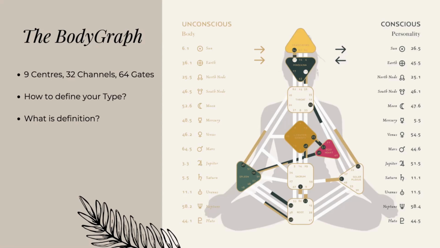Mercury in astrology is communication. So, for example, on the personality side, this is how you express yourself with this 5th gate. The 5th gate has a meaning, so this is the potential and the quality of how you express yourself. But on the unconscious side, the Mercury, the 48th gate, is your body.